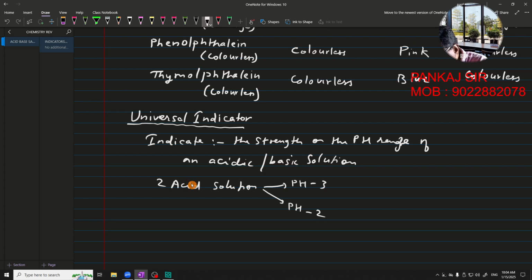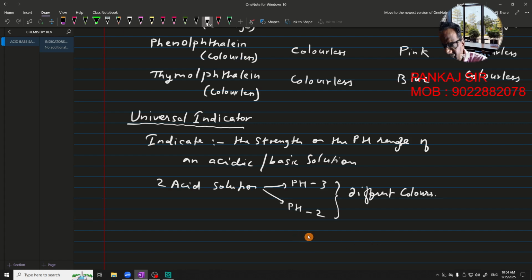But this can be done with the help of different colors. This will not display the pH value directly, but it will be indicated with the help of different colors. Depending on the range, you will have a range of different colors, because the pH value starts from 0 to 14.